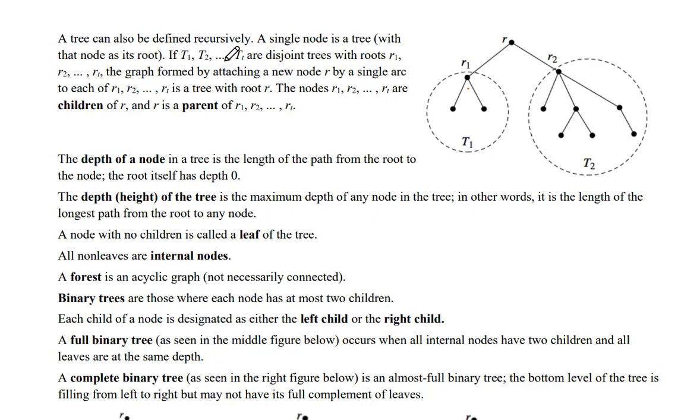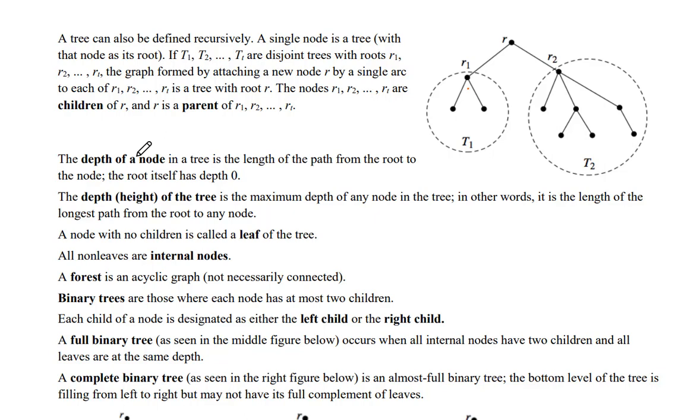So if T1, T2 and up to Tn are disjoint trees with the roots R1 to Rn, the graph formed by attaching a new node R by a single arc to each of R1 and R2. So again, you need an arc to connect one root with the other cluster of roots. So the nodes R1, R2 are children, and R here is the parent.